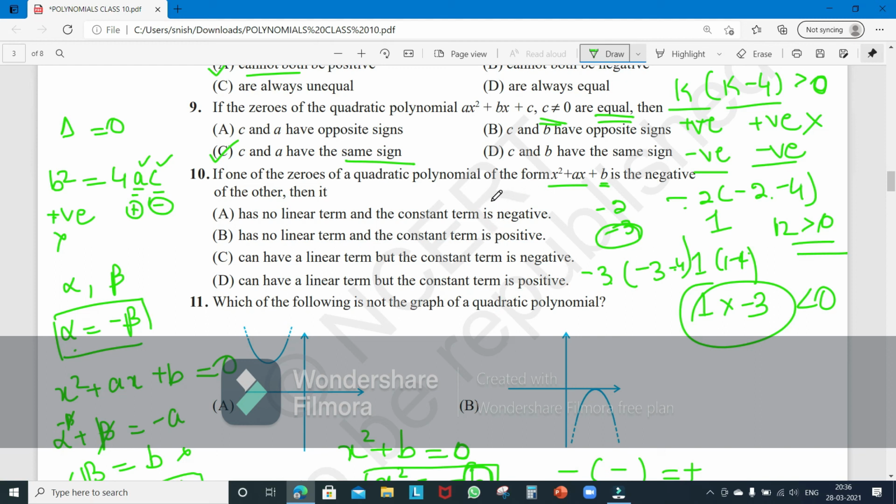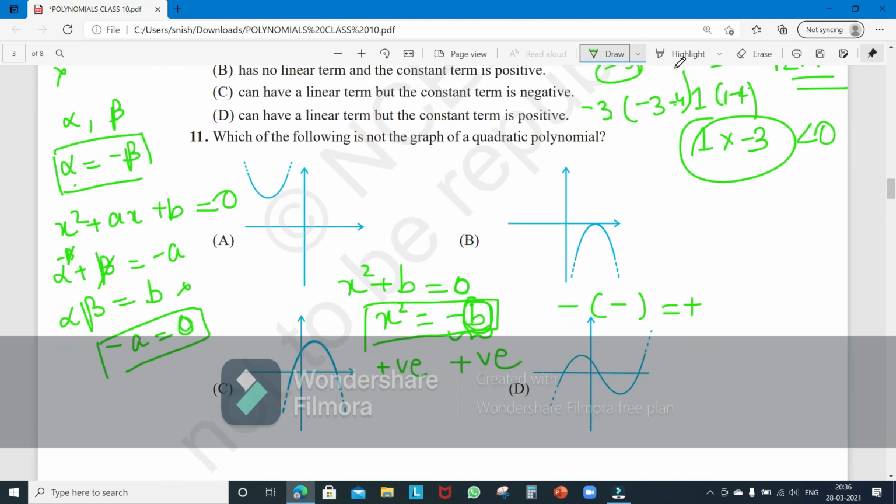That should be negative, and it has no linear term. Linear term means the highest power is 1, right? But here the highest power is 2, so it's not a linear term. So the answer is option A. I think that was a very simple question, but a little logic had to be applied.